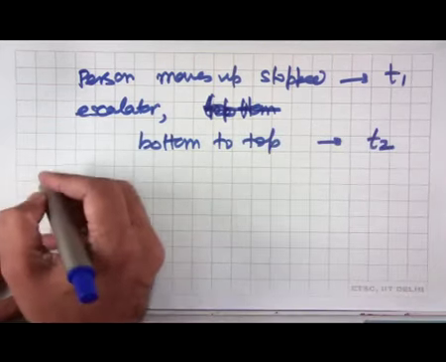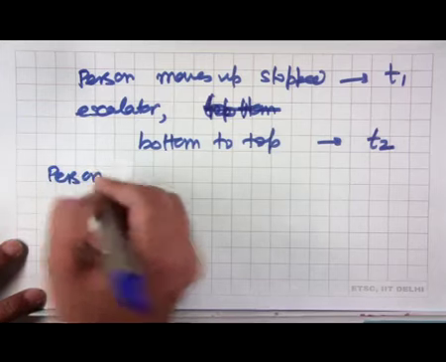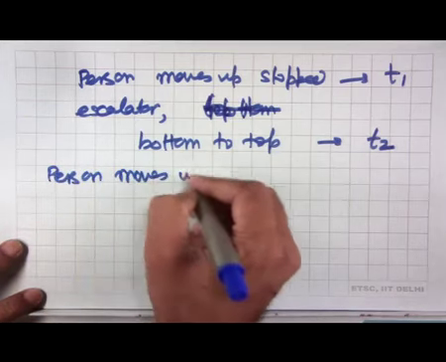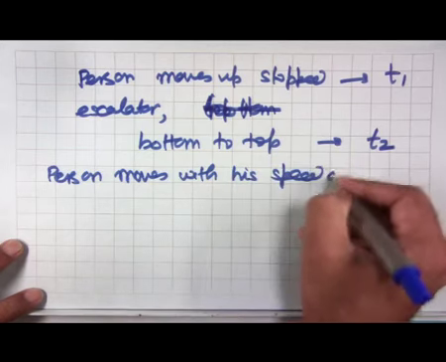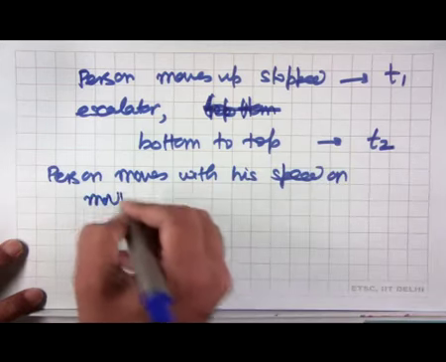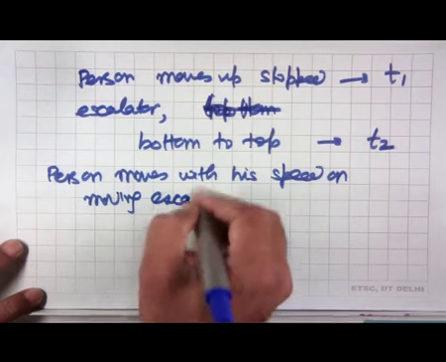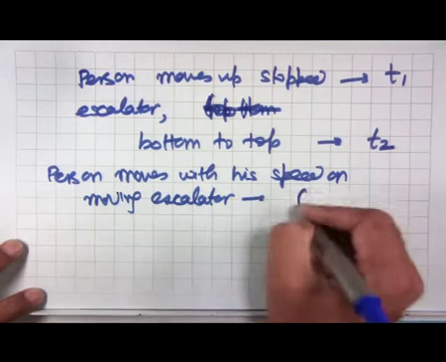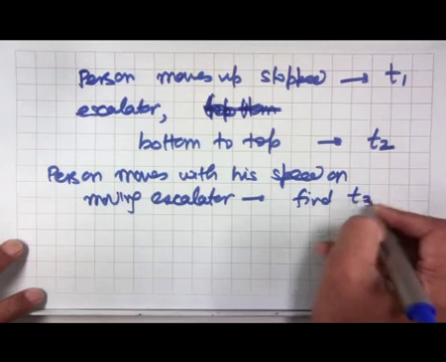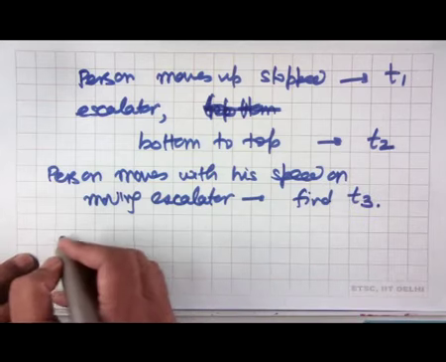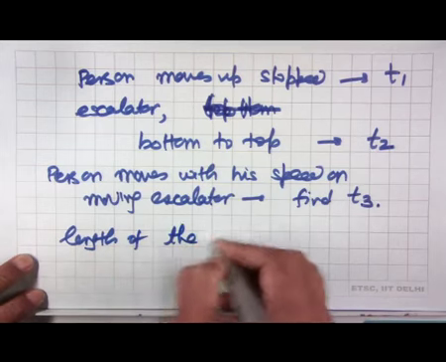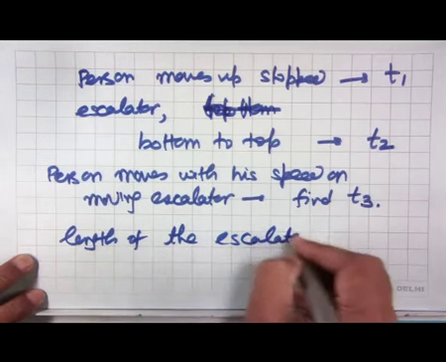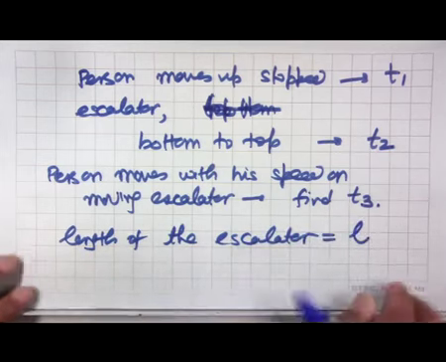And now, if the person moves with his speed on the moving escalator, find the time t3, and it is given to us that the length of the escalator is L. So, let us work this out.